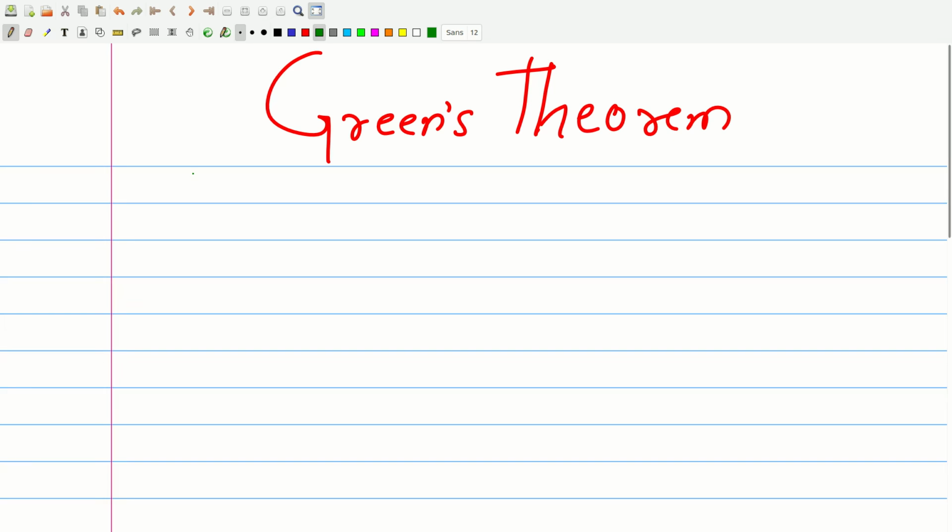Here we will see Green's theorem. So let's consider we have an xy plane, and in this xy plane lies a vector field, let's say V. So here lies a vector field V. Pictorially it looks something like this.